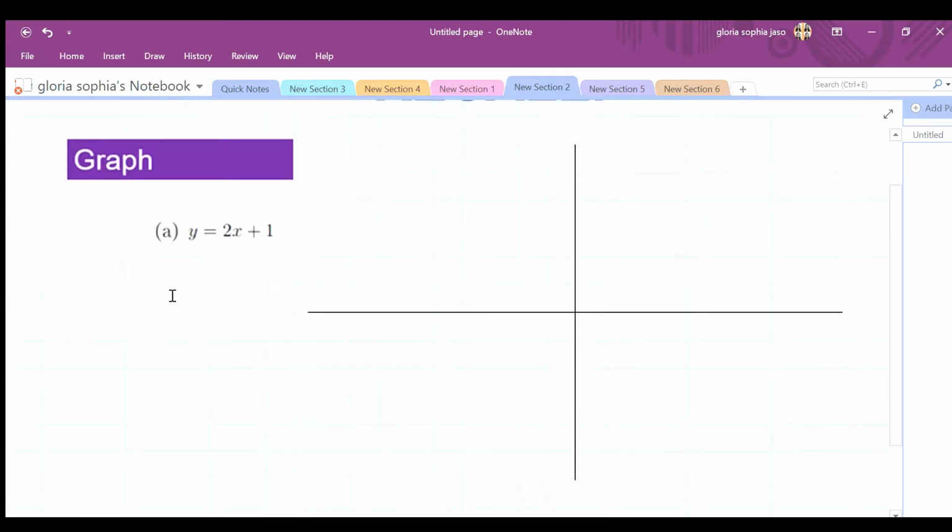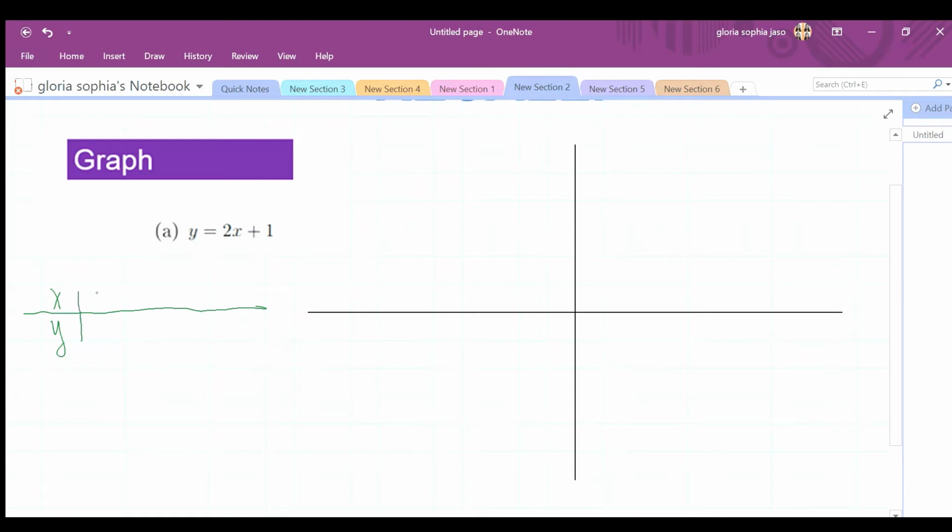So, okay. When we graph, class, we will use our table of values.